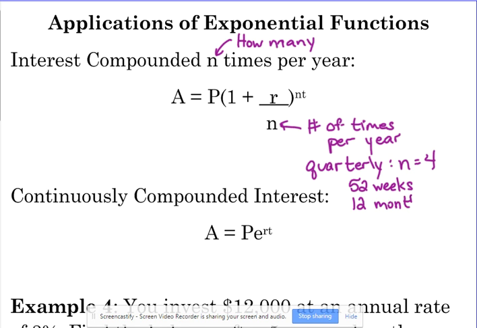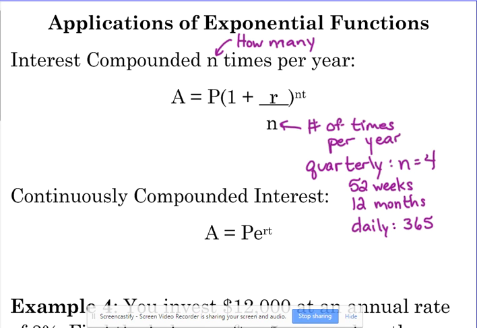Hopefully I don't have to tell you that. Daily, okay? If it says daily, we're going to just assume no leap years, so daily, 365.